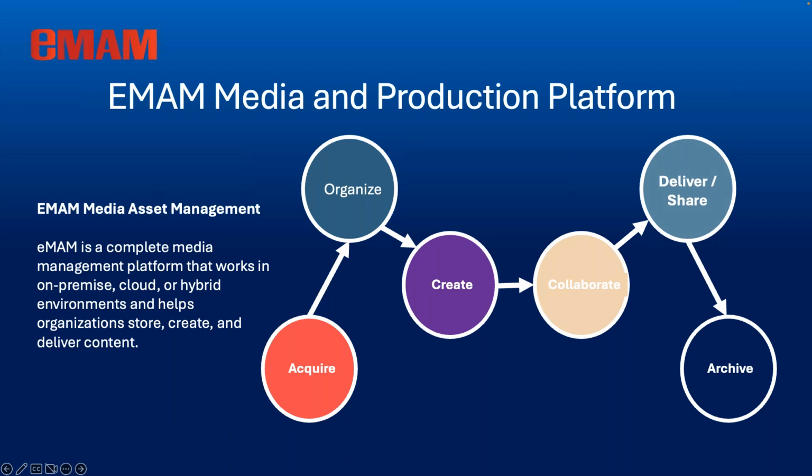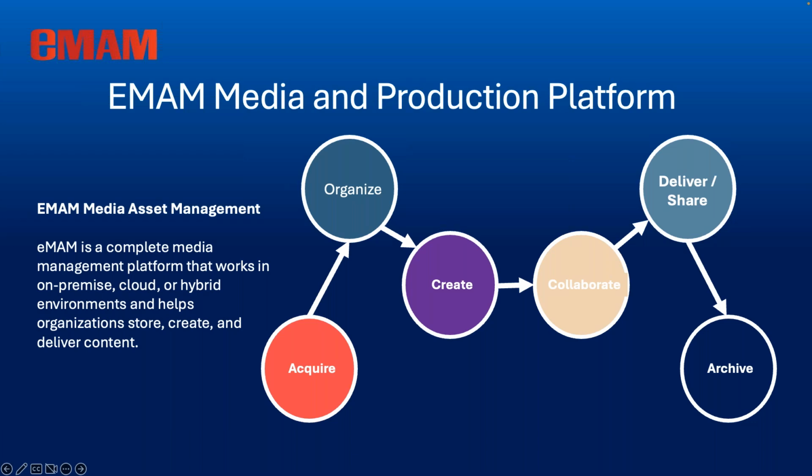All right, so let's start with the eMAM Media and Production Platform, where this slide shows the general workflow for a content's life cycle. You start with acquiring content, organizing, and then, once you've added the metadata, tagged it and organized it in different folders with permissions, you're ready to get into editing mode.